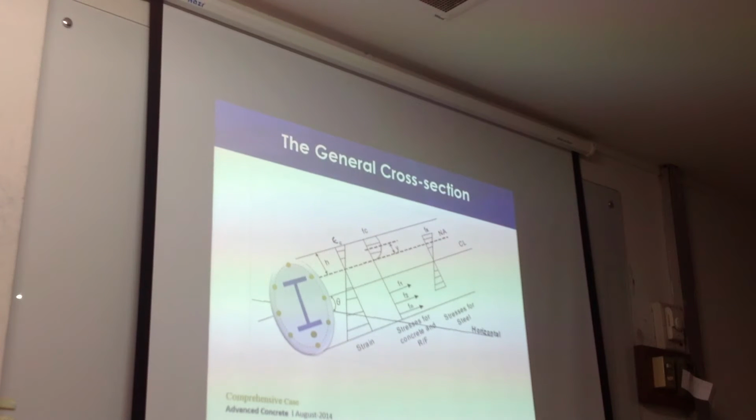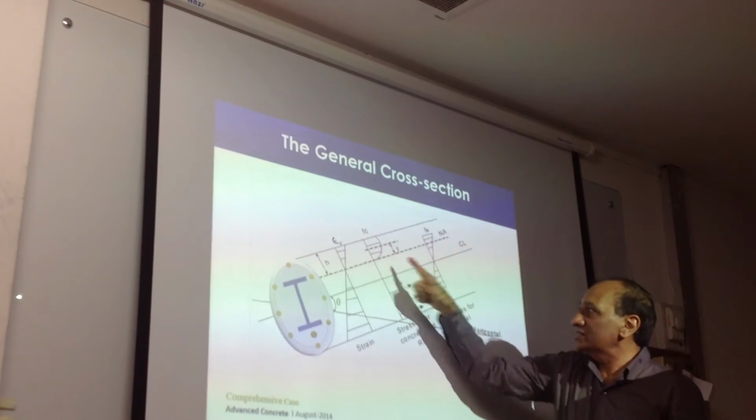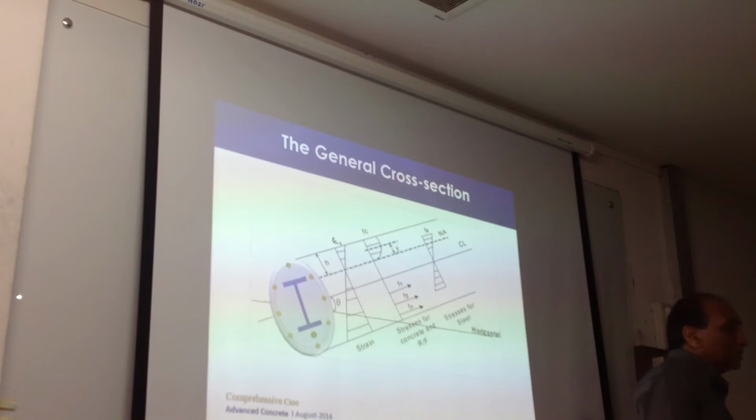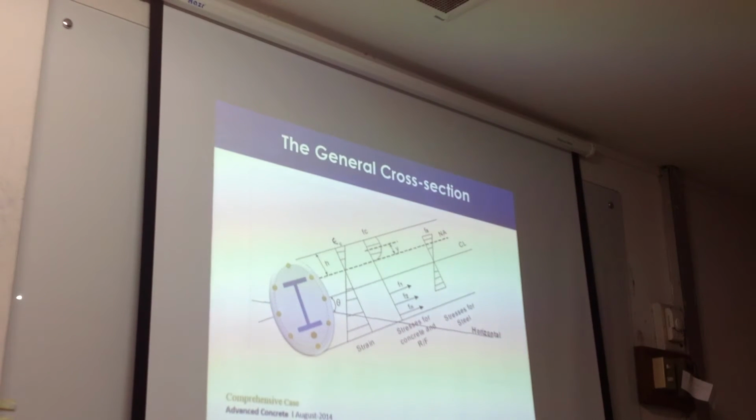So we want to do the reverse because last time I told you we are taking from strain going this way. So we want to go from strain to stress to forces. Correct? So which means that now based on this assumption we can get the stress resultants from the section. As long as we know two things. And what are those two things?